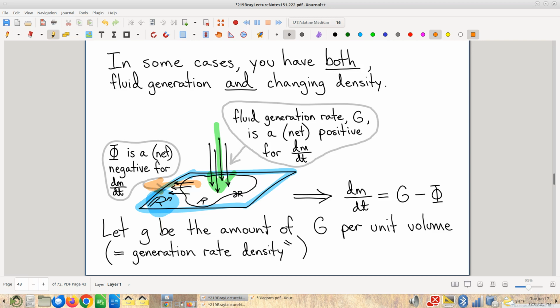The squirrels might move around. They used to live here, but now they live over here. They moved to more trash cans, more free food or whatever in some area. And so they might move, and squirrel density might change. And over years, there is a generation of squirrels. They have baby squirrels. So we're literally generating the fluid called squirrels.